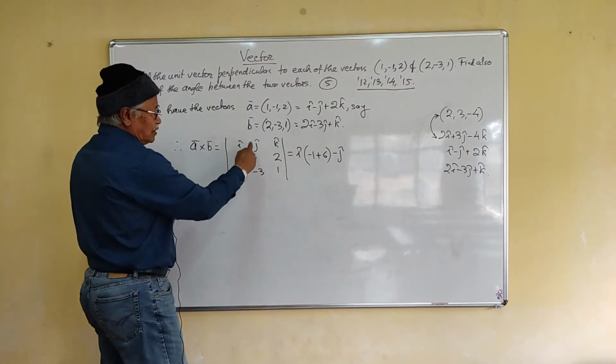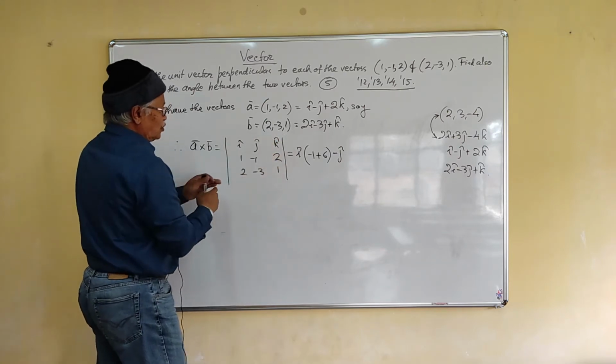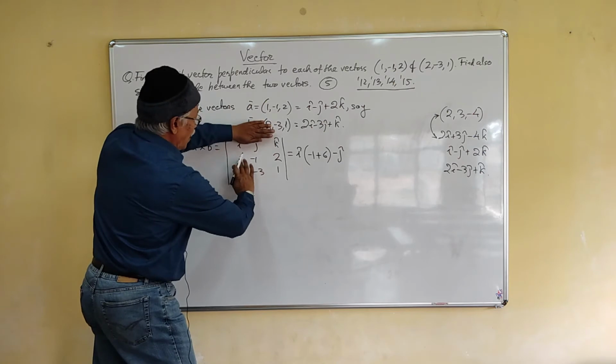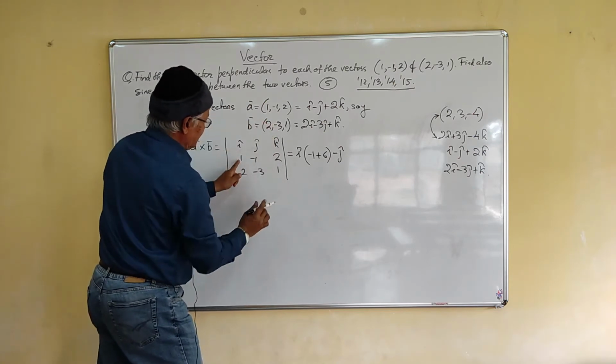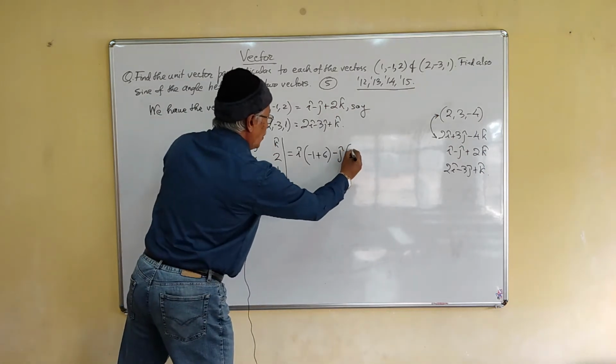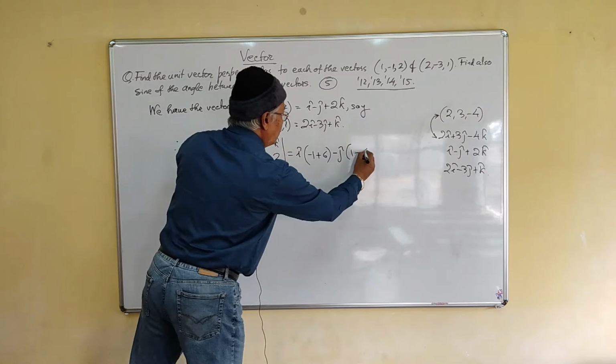So you delete the row and column containing j. You are left with 1, 2, 2, 1. So 1 into 1 is 1. Subtract 2 twos, which are 4.